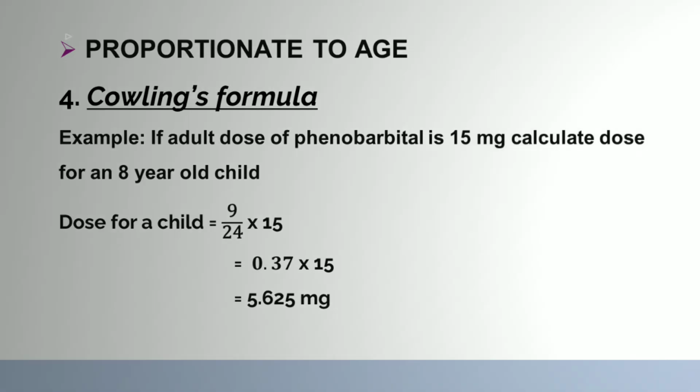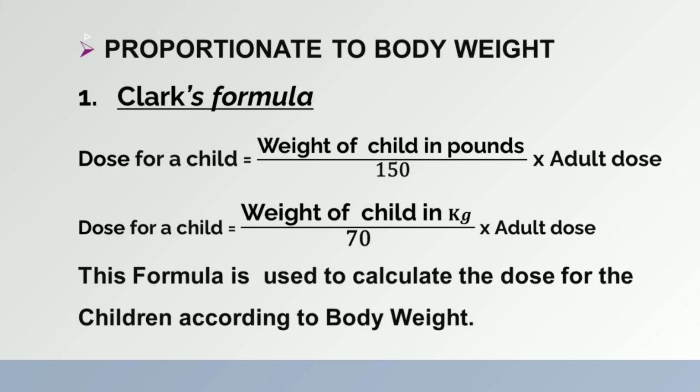Now this formula is proportionate to body weight. This is Clark's formula. According to this formula, the dose for a child is equal to weight of child in pounds upon 150 into adult dose. The same formula can be rewritten as dose for a child is equal to weight of child in kg upon 70 into adult dose.